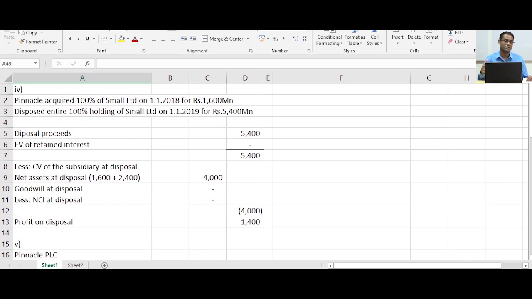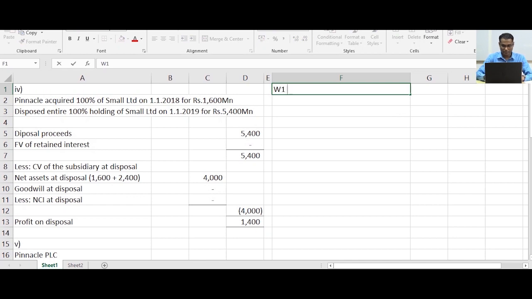These are the 7 workings that you require for the balance sheet in this question: 5 mandatory workings plus 6 and 7 depending on the requirement. So let's have the workings here.